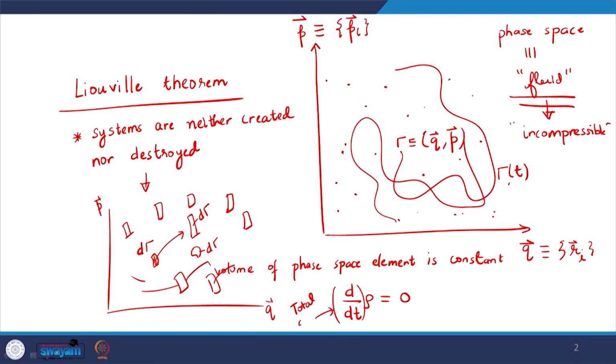is actually defined in a frame that is moving with the fluid element. So, I am looking at a derivative of rho with respect to time as I am moving with a particular fluid element, right. So, this derivative can then be represented as the partial derivative with respect to time and derivative with respect to the momenta and derivative with respect to the coordinates, right.